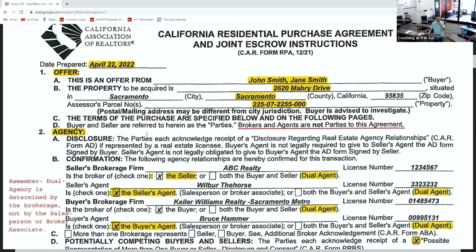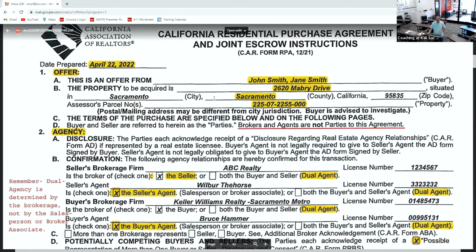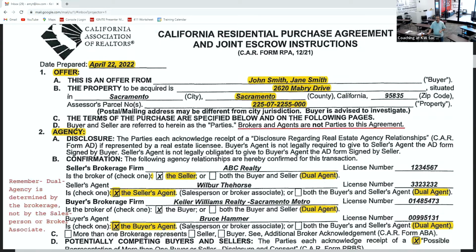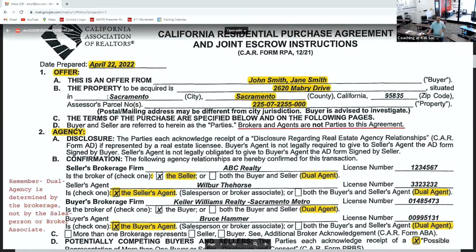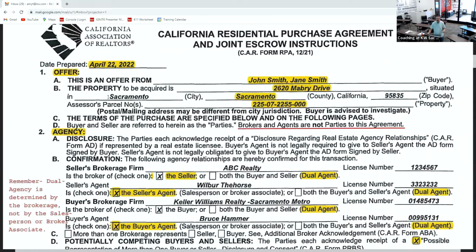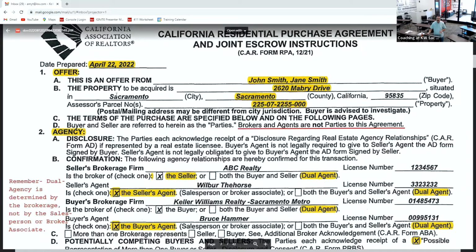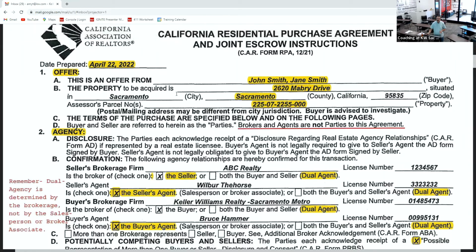I took a class recently with Dave Tanner, who's the CEO of the Sacramento Association of Realtors, and I learned something there that I had not known before. While you always want to include the county, in this case, Sacramento County, what Dave said is, if it is in an unincorporated city, say for example, North Highlands, you don't actually have to put anything in here, because this is specifying a city.